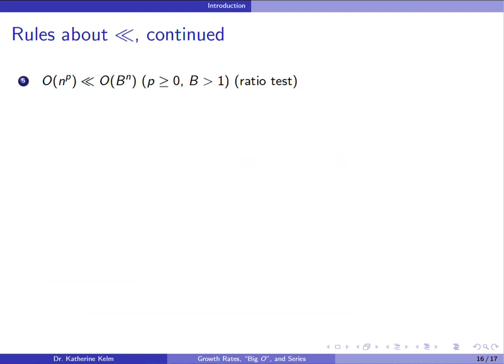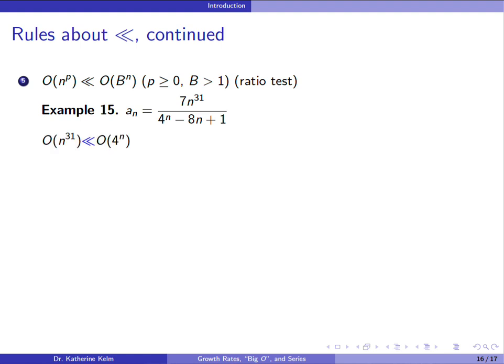Next, exponential functions always win over power functions. Big O of a power function is always going to be sufficiently less than big O of an exponential function, as long as the power is greater than or equal to 0 and the base b is greater than 1. So for example 15, a_n equals 7n to the 31 over 4 to the n minus 8n plus 1.